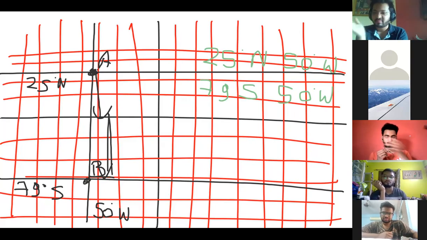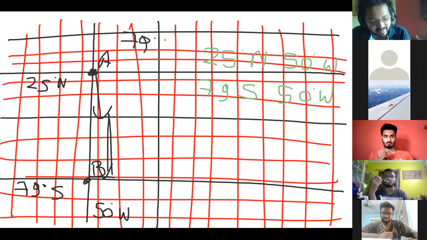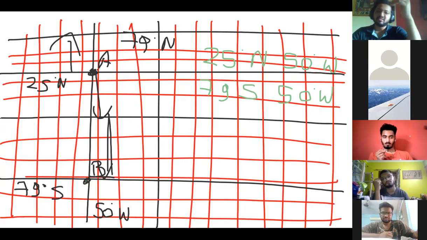If the points are on the same side, you will subtract. अगर यही point, if I would have drawn a point somewhere here, 79 north, तो 79 minus 25 होता, and the difference would have been the change in latitude. Simply think. क्योंकि same side है, you are traveling from 25 to 79 in this case, obviously. So it's in the same direction. From 25 to 79, subtract.